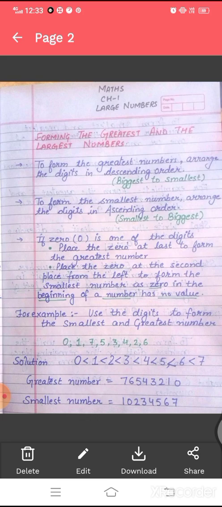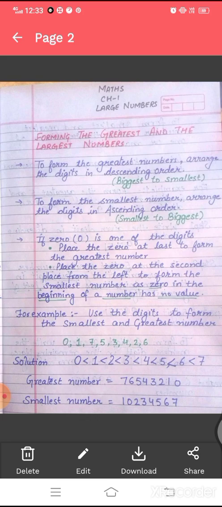Let us understand the concept with the help of an example. Use the digits to form the smallest and greatest number. We have digits 0, 1, 7, 5, 3, 4, 2, 6. With these digits, we have to form the greatest number and the smallest number. For the greatest number, we arrange them in descending order.